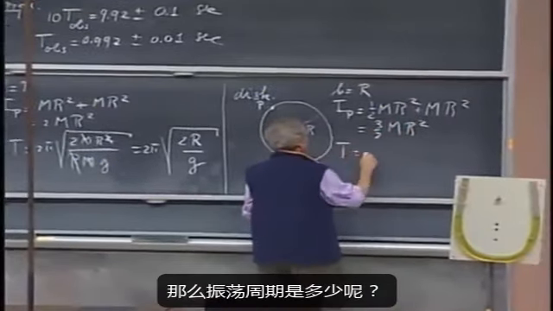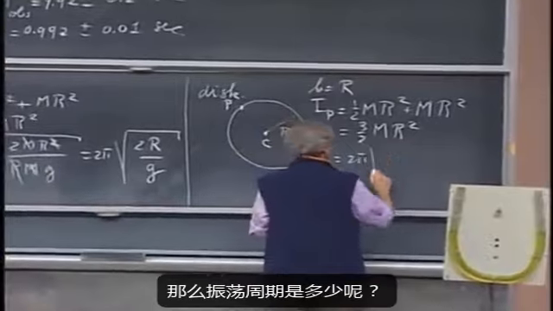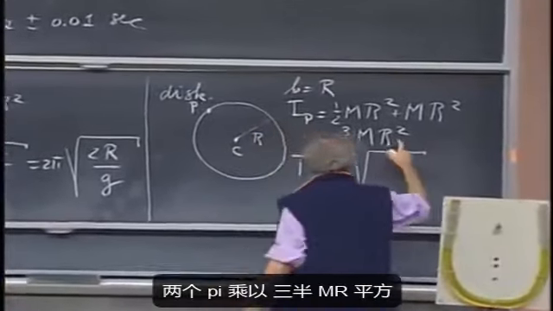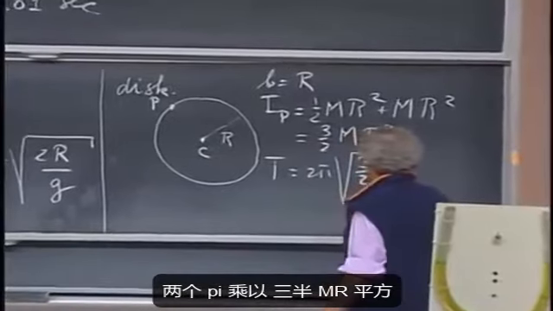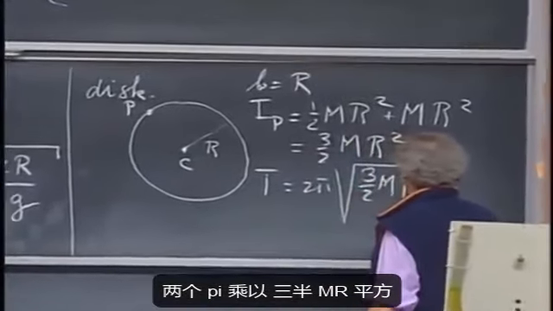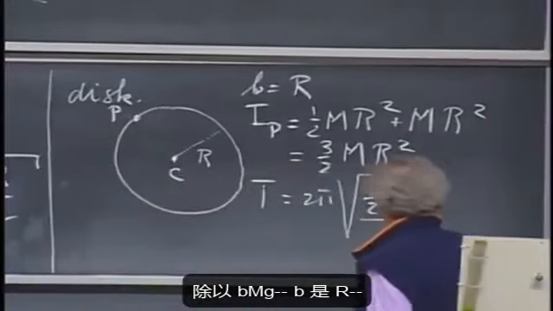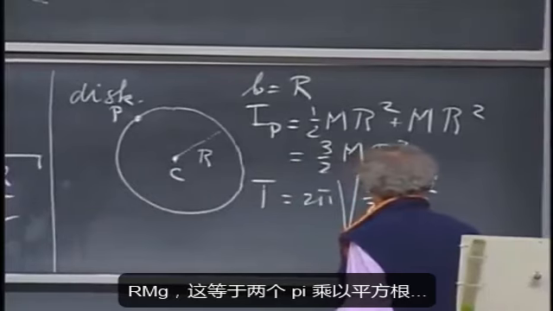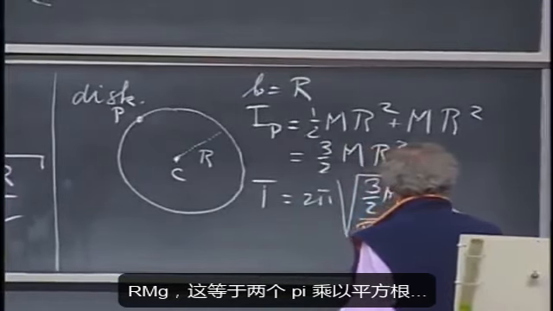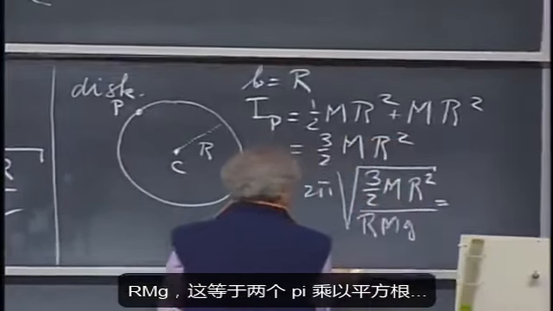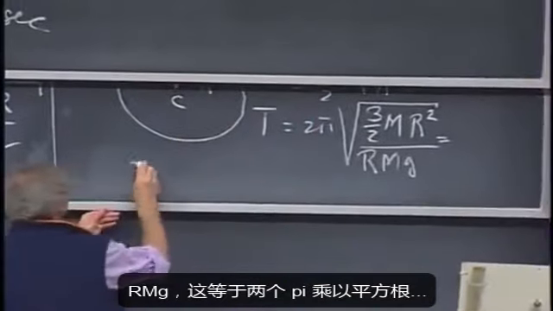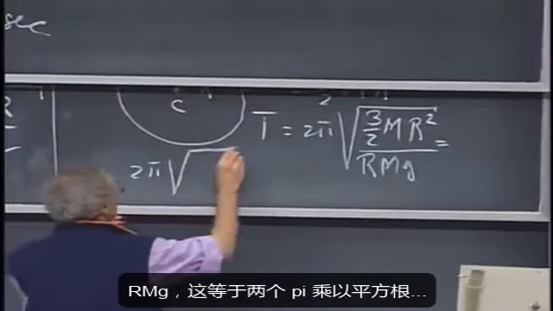So what is the period of oscillation? 2 pi times 3/2 mr squared divided by bmg. b is r, m, g, and that equals 2 pi times the square root.